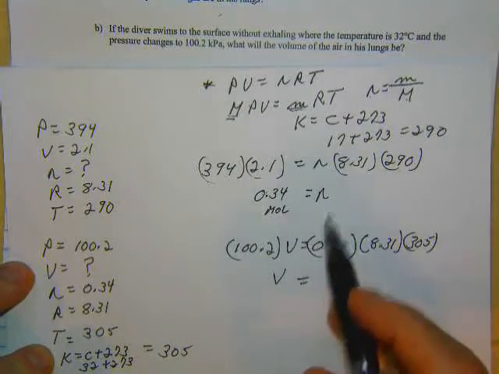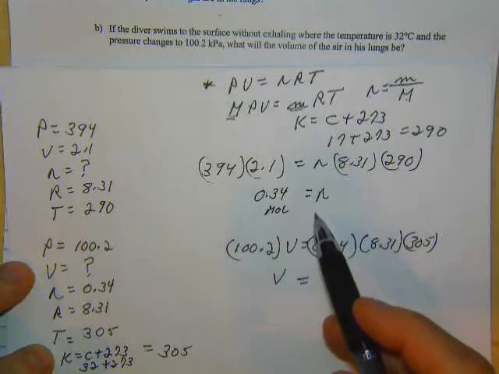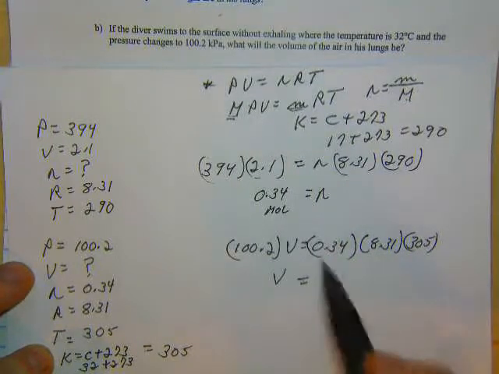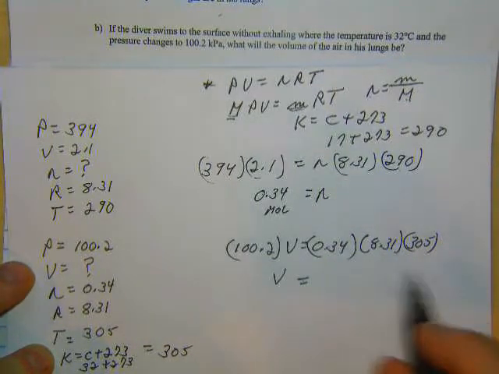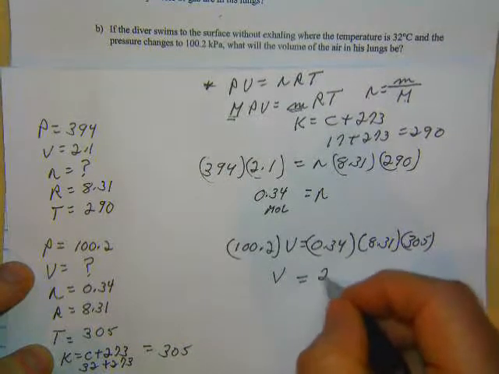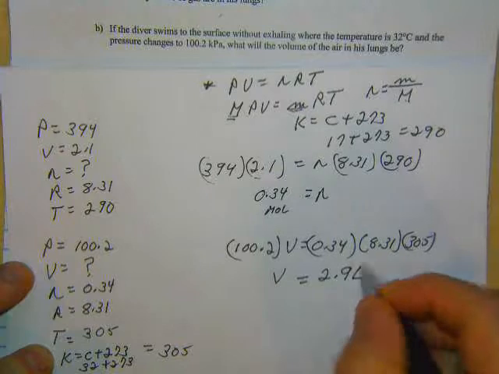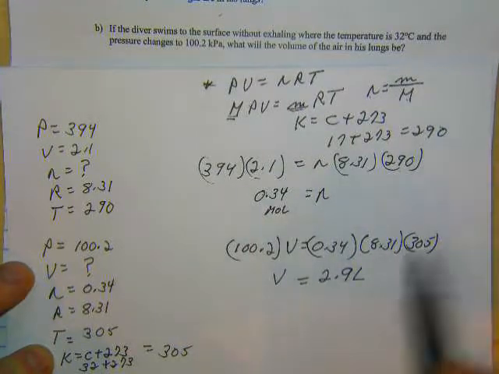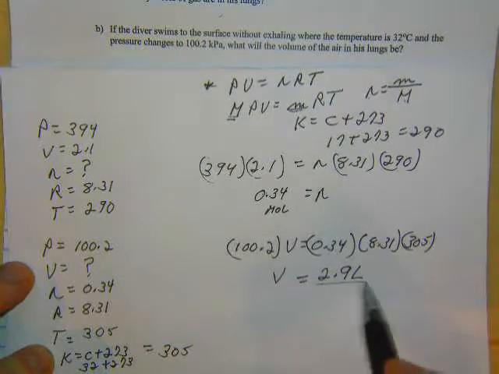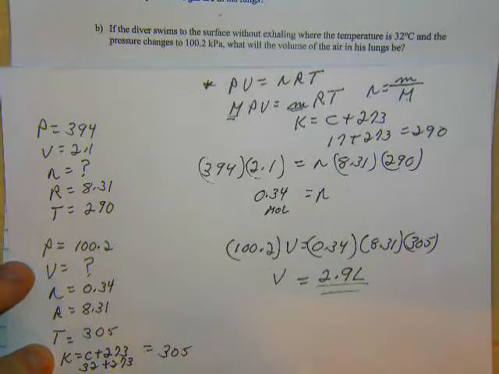We would expect our volume to increase because we're moving up to the surface, not under all that pressure. And let's see, our volume here is 2.9 liters. Again, number of sig figs, it looks like we have 2 here, so our answer can have 2. So there's what it is as the diver surfaces.